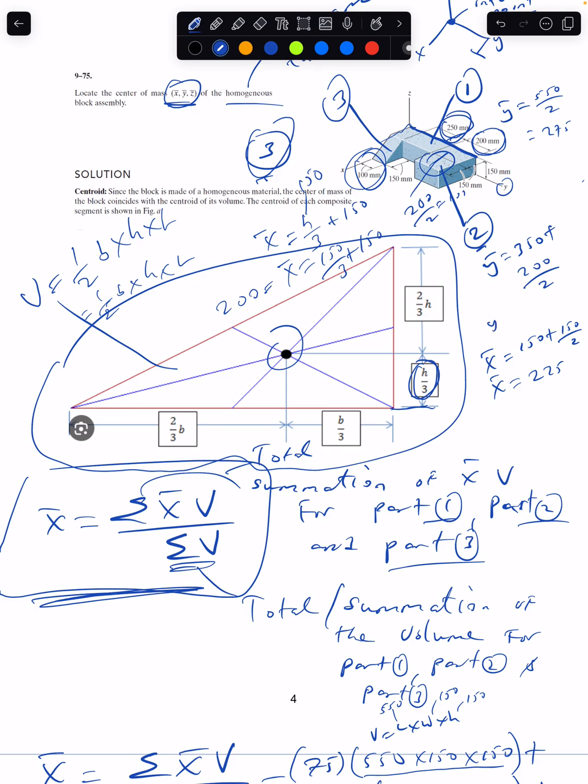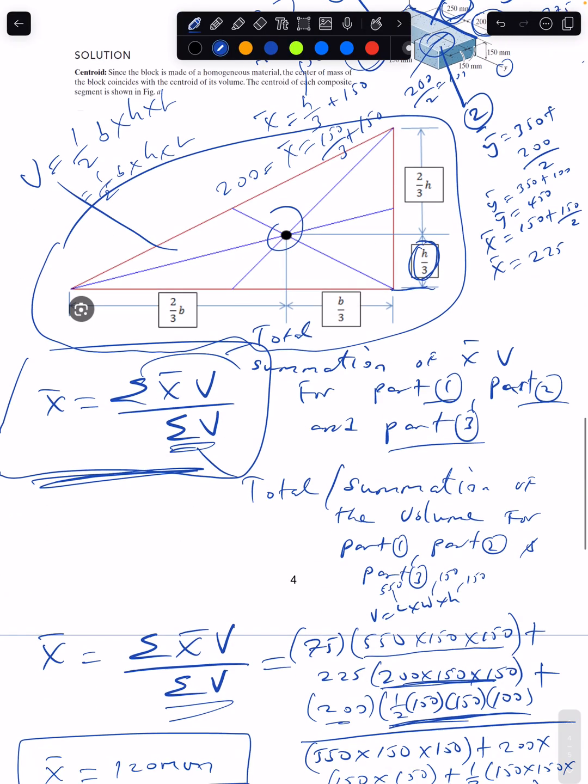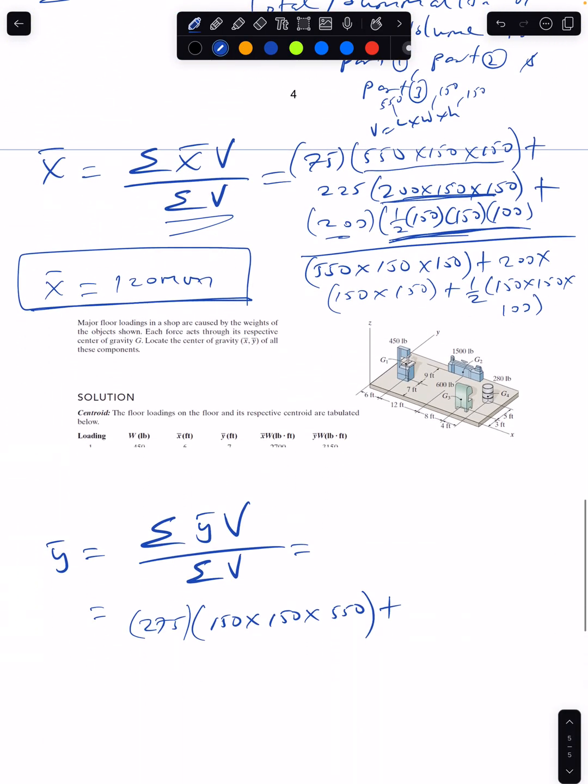So technically, y bar will become 350 plus 100, which is 450. And the volume is what? Length times width times height.